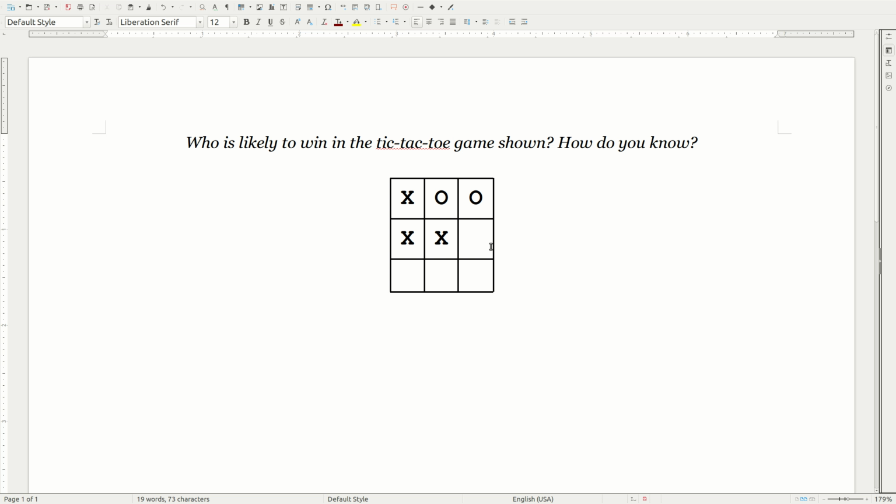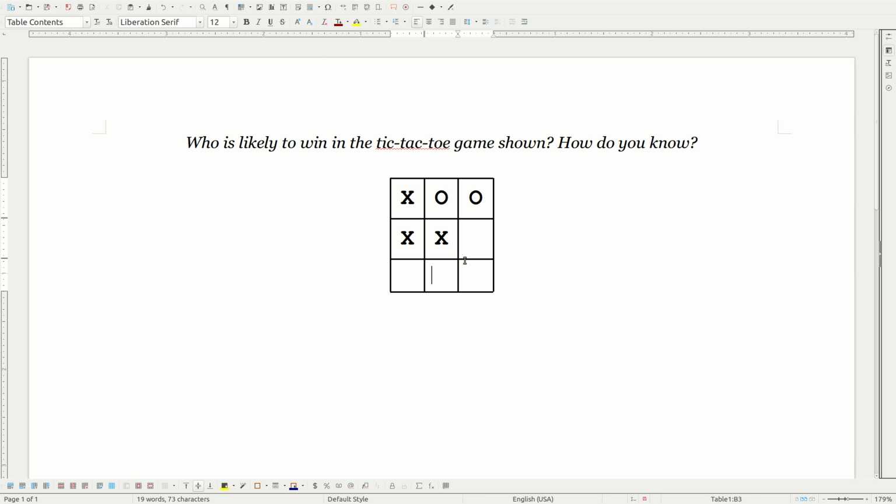And that there are 4 possibilities. O could place in any of these 4 spots. And so we could create each of those possibilities. And then from each of those, look at all of the possibilities of what X might choose to do. Now, there are possibilities that are sort of absurd. A bad player might place an O here or here.